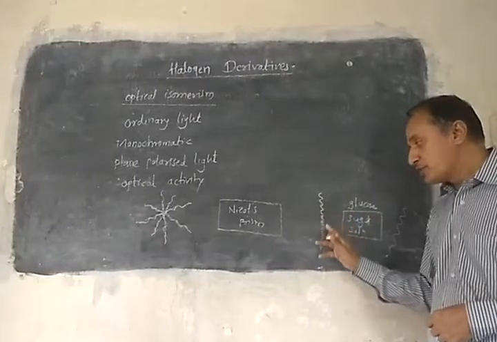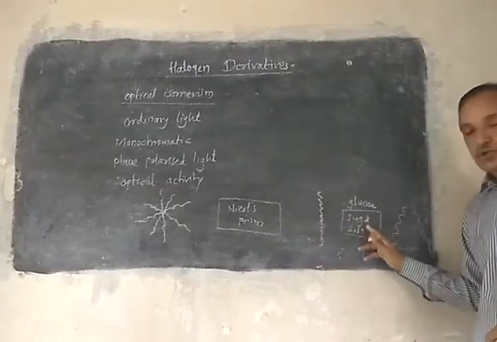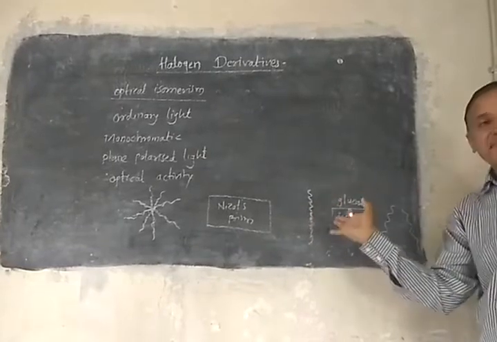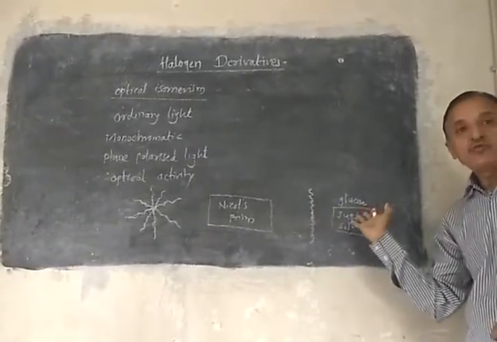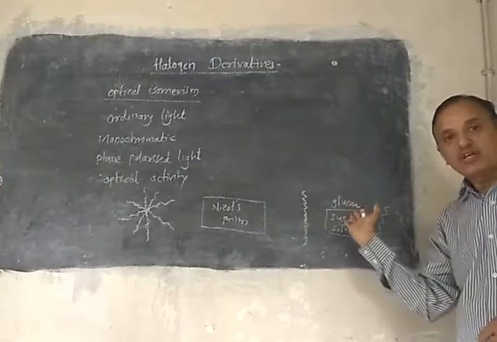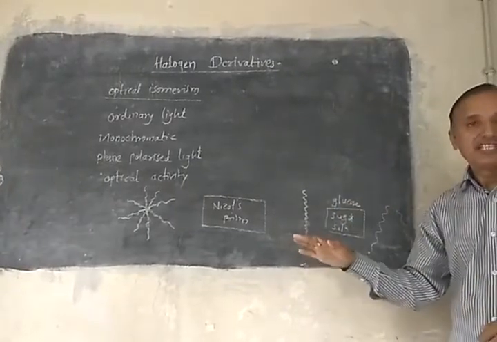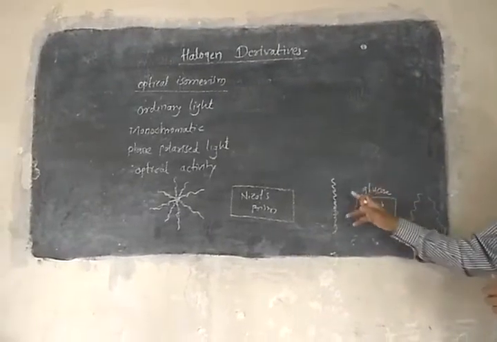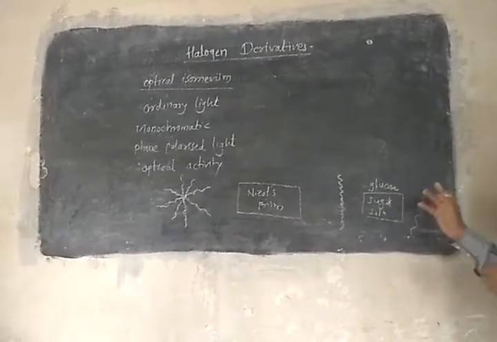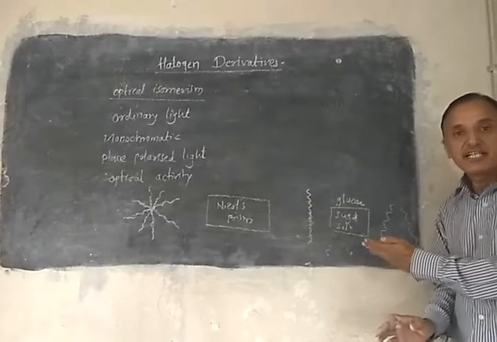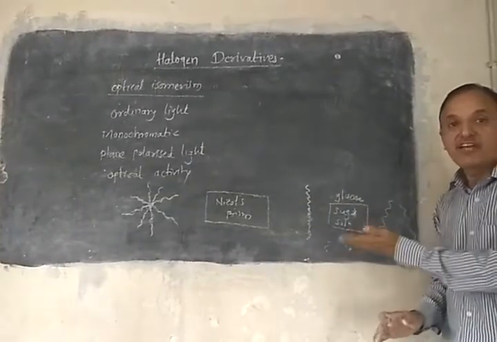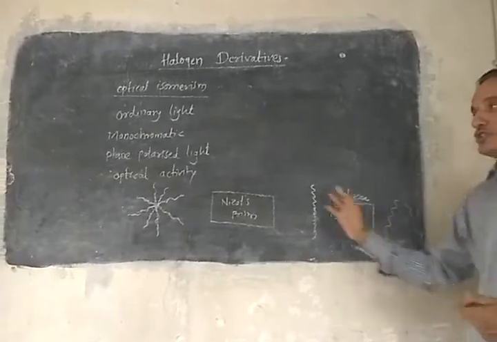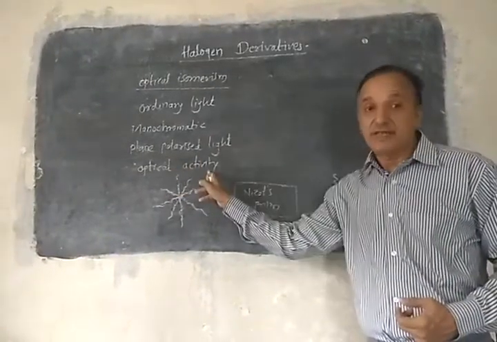When this plane polarized light passes through sugar solution or glucose solution, that light rotates clockwise or anti-clockwise, to the right side or left side, with the same angle. This property of rotating the plane polarized light to the right or left direction with the same angle is called optical activity.